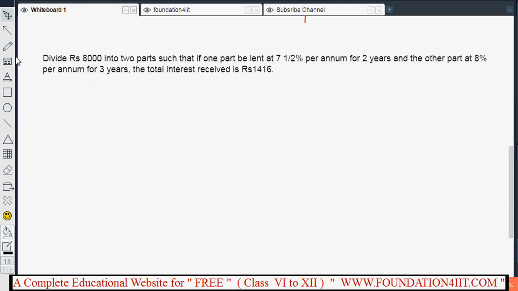Then we have to divide that principal. So 8,000 is divided into two parts, but one part is given with a different rate percent and different time, and the other with a different rate percent and different time. So the interest received is finally 1416. The total should be 1416. Since you don't know how much each part is, let the first part be x.